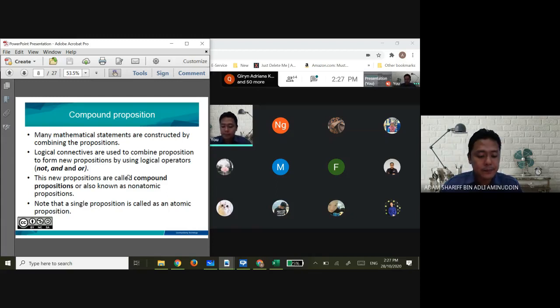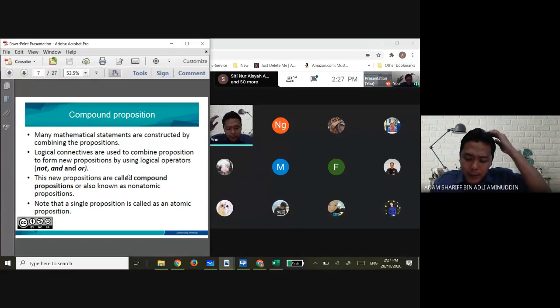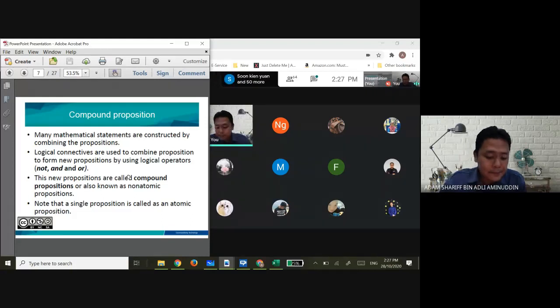Okay. Ada soalan setakat ni? Tak ada, diam je. Kalau ada baru tanya. Okay, it's still simple at this time point. Sebab tak ada kira-kira, kita baru tahu definition.